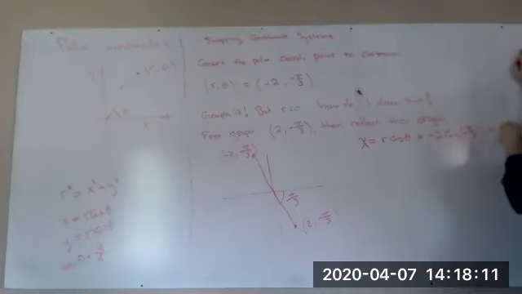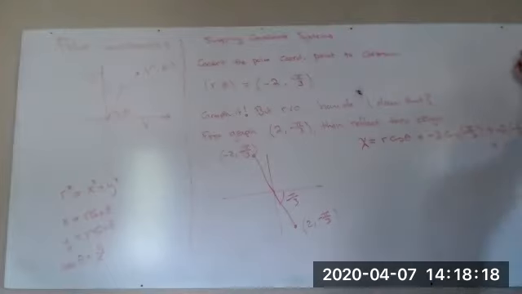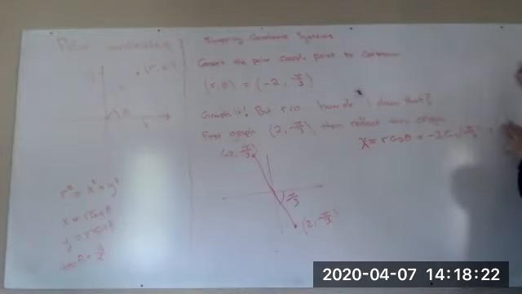Negative 2, so I'll write it out. This is negative 2 times negative 1/2, which is positive 1. Oh no, negative pi over 3, sorry, cosine of negative pi over 3. Cosine of negative pi over 3 is positive 1/2. So this is negative 2 times positive 1/2 is negative 1.